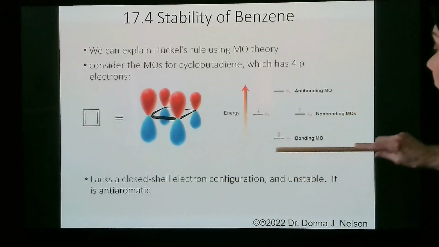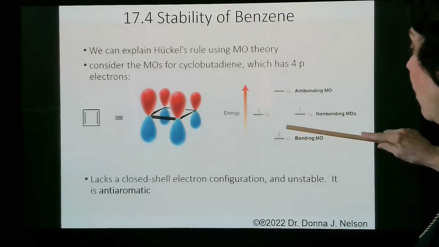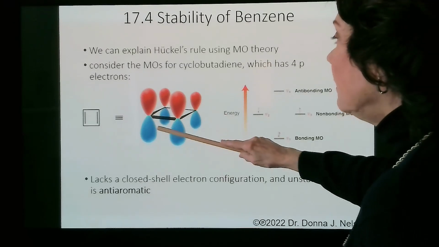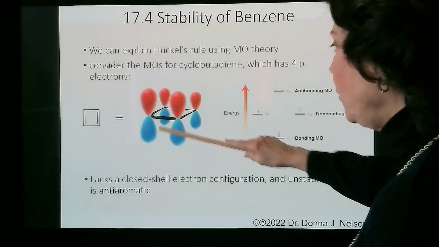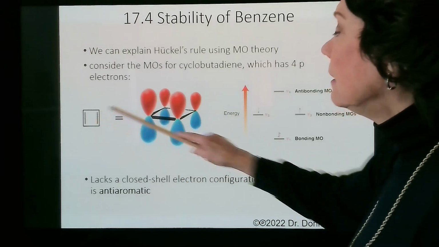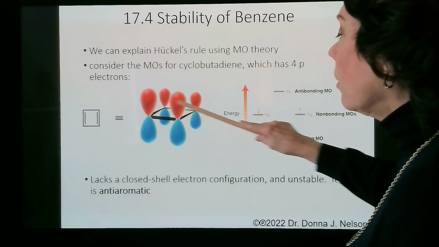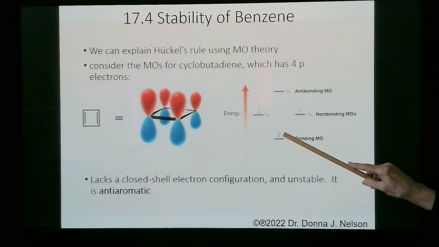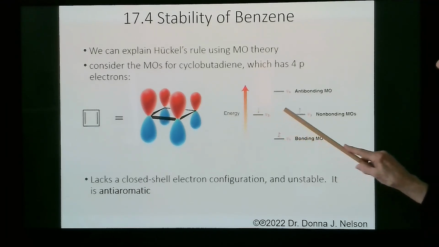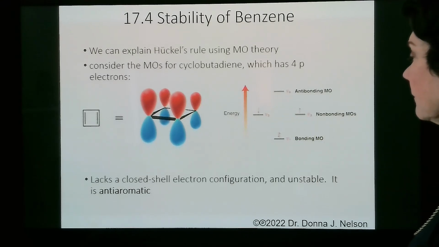So if you look at the molecular orbitals, Psi1, Psi2, and Psi3 of cyclobutadiene, you can see the 2 pairs of electrons, 4 electrons, and so 2 would go into Psi1, 1 into each of Psi2 and Psi3 because these are at the same energy level.